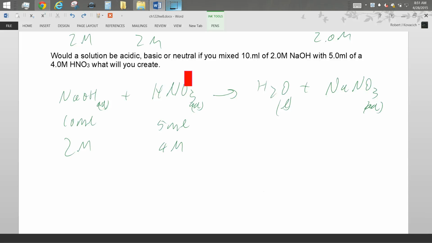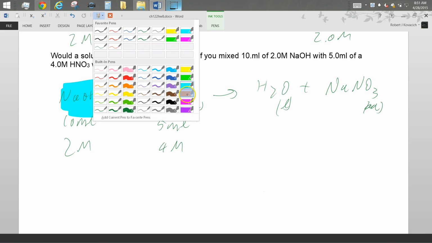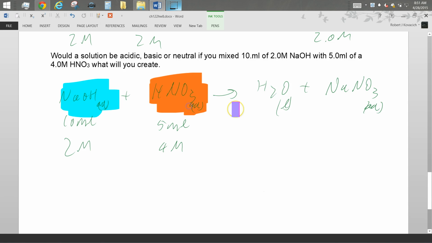With litmus paper, you only had 2 options. Red or blue. The bases were blue, so there's my base. And then my acids were red. So do I have any leftover blue or leftover red after these two things have reacted with each other?